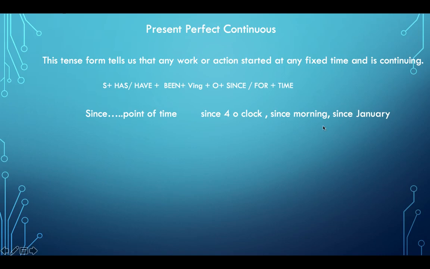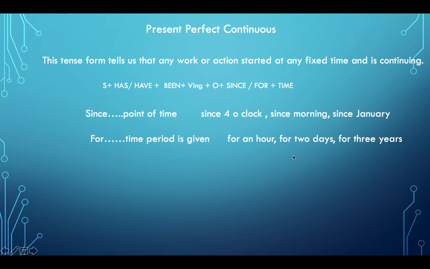Since morning, since January, ठीक है, a point of time is given. Where to use for? When a time period is given. Here time period is mentioned: for an hour, for 2 days, for 3 days. Here we use for, and since we use when a point of time is being given. No specific time period is given. It's since 4 o'clock.